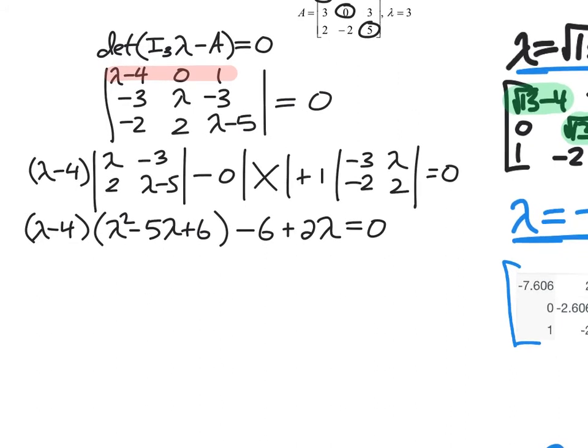Now, sometimes it's just a pain to type it, but there's no reason why you should have to do any of this by hand. So I'm going right to the calculator to get a measure of lambda and hope for the best.